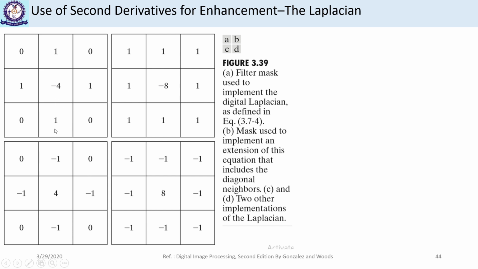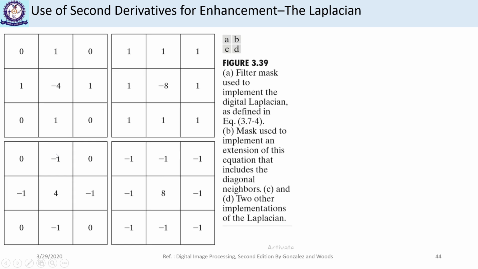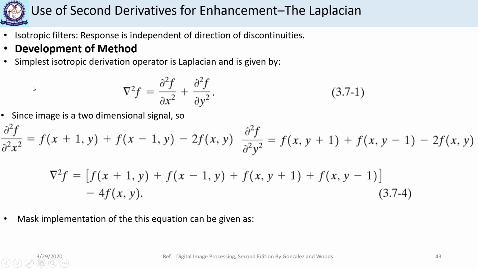So these four values represent the orthogonal elements of this filter. Orthogonal elements are 1 and diagonal elements are 0. So this is how we can get a mask or a filter from this equation.